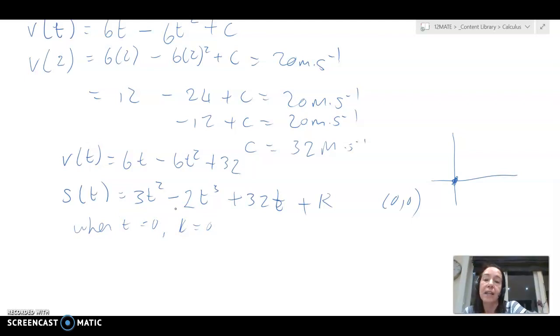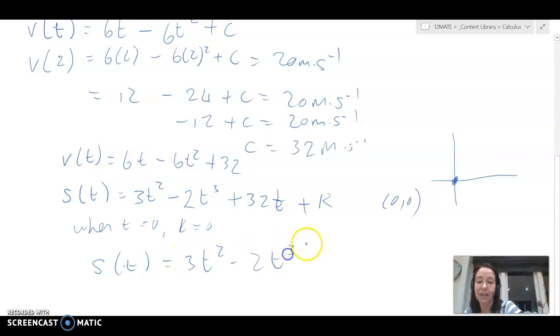If it was starting at a different place, they would have given me some information about that. So S of 0 is equal to 0 minus 0 plus 0 plus 0. That's obviously just 0, so I can just put k as 0. So I know that S of t equals 3t squared minus 2t cubed plus 32t.